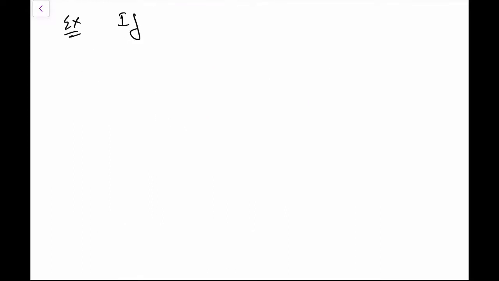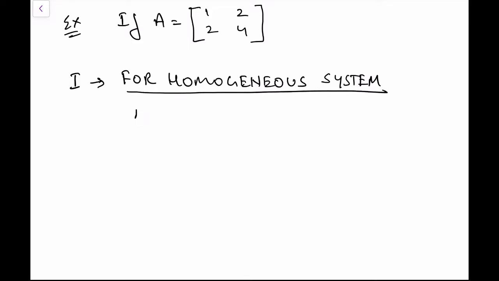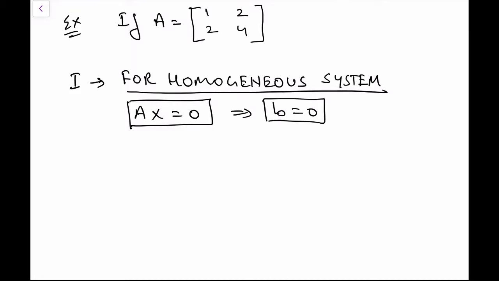Now let's take an example with the matrix A equal to [1 2; 2 4]. Now let's first solve it for the homogeneous system. So in the homogeneous system, Ax is equal to 0, that is b is 0 here.